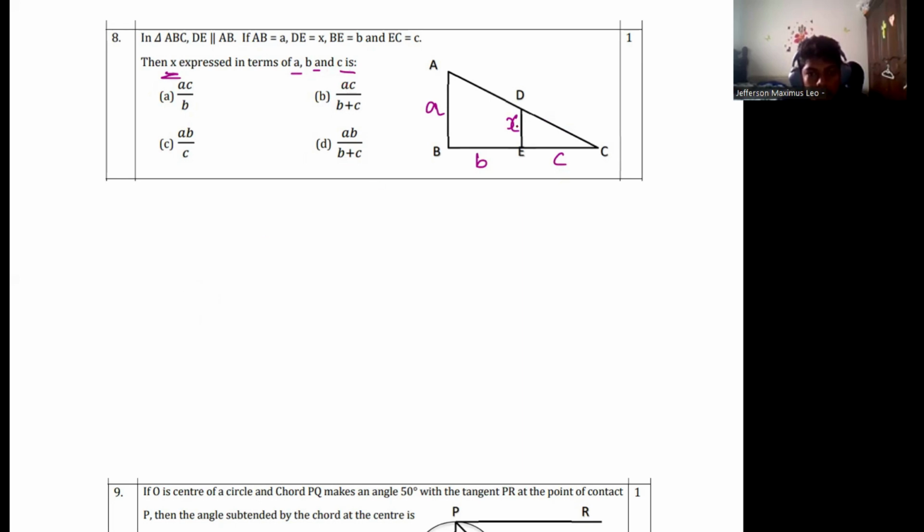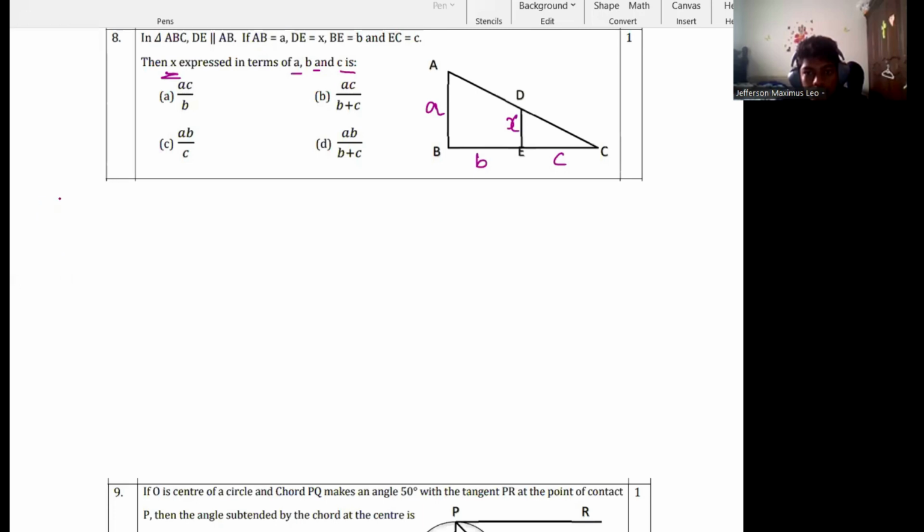Taking the whole triangle ABC to a small triangle inside it, that is DEC. Because it's parallel, angle ABC is equal to angle DEC, corresponding angles.